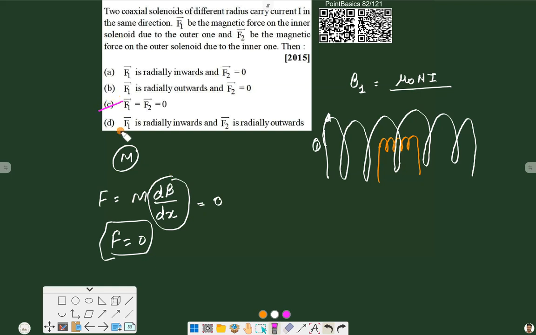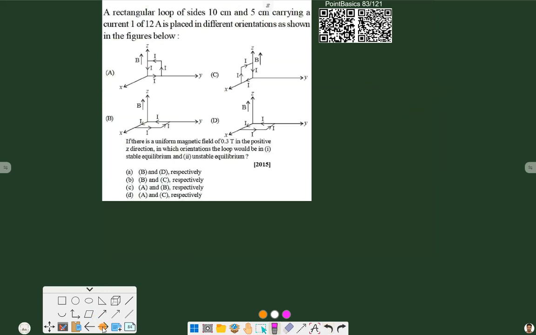Now moving to the next one. A rectangular loop of sides 10 and 5 centimeters, carrying a current of 12 ampere, is placed in different orientations as shown. If a uniform magnetic field of 0.3 Tesla is in the positive z direction, in which of the orientations will it be stable or unstable?